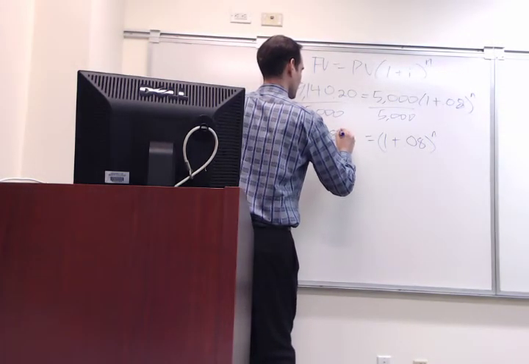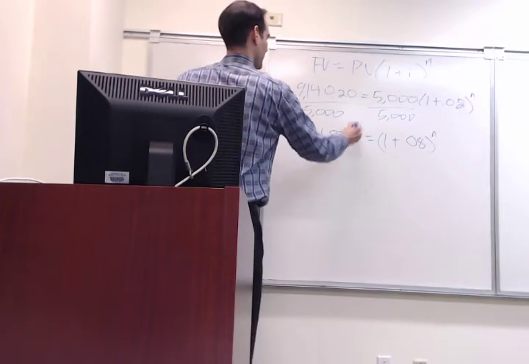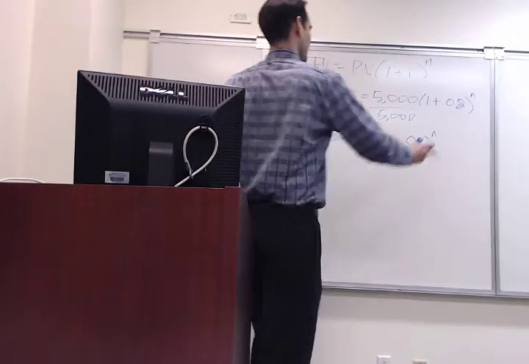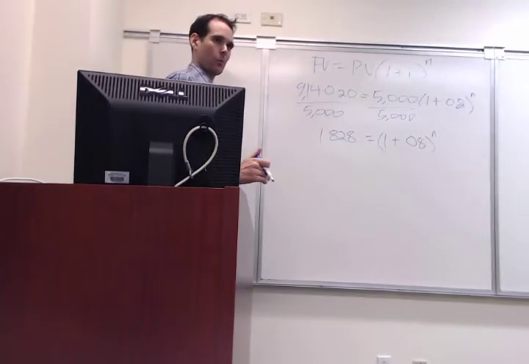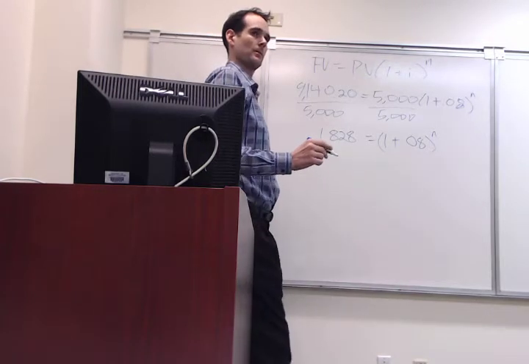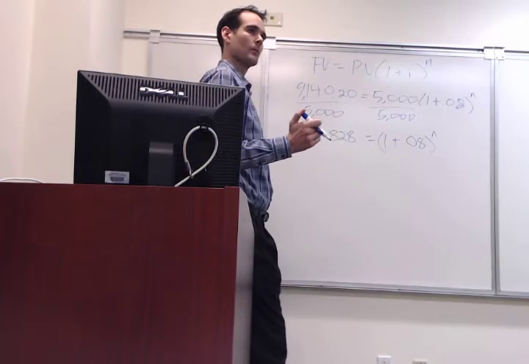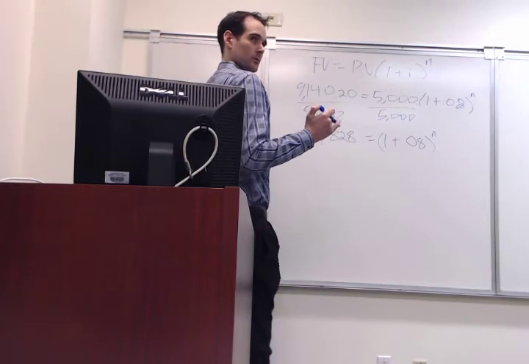$1.828. Okay, 1.828. All right, so that's looking better. We need to do something to get this n out of the exponent. And what's our trick there? I think it starts with natural, ends with og.